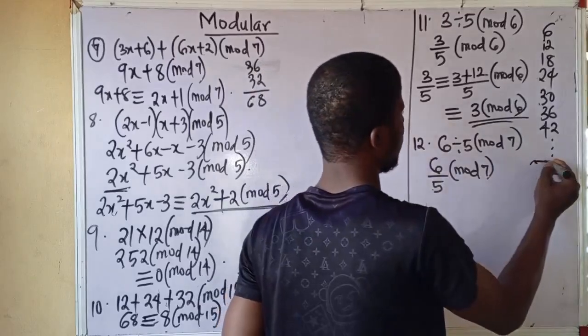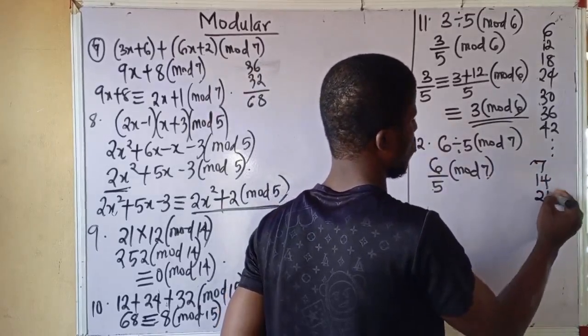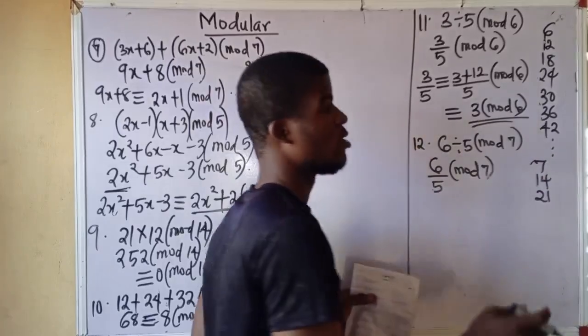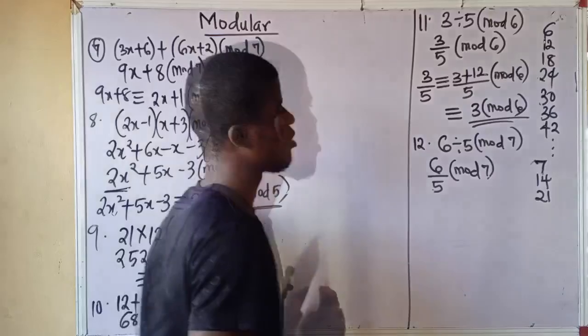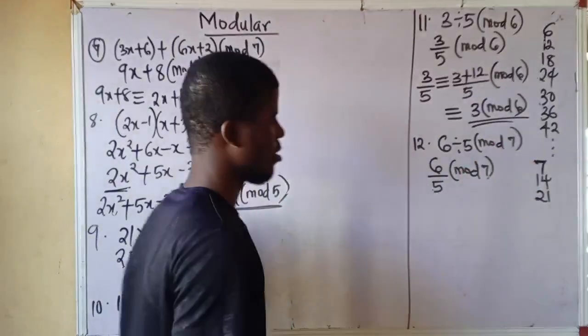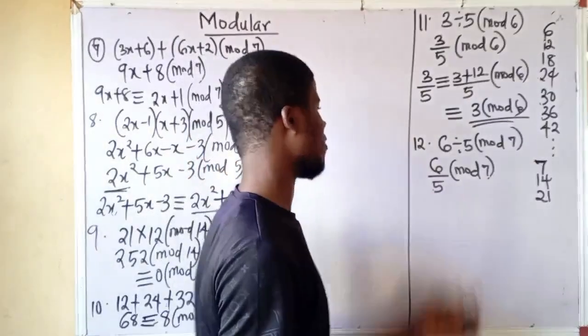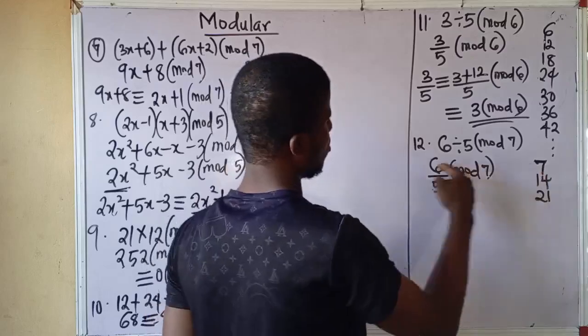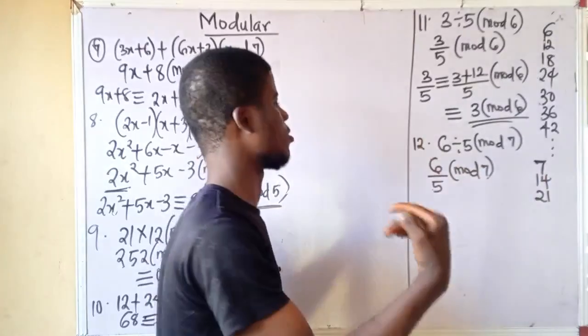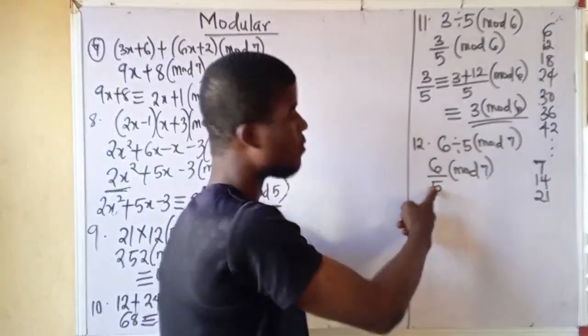Multiples of 7 include 7, 14, 21, 28, and so on. So which of these multiples of 7 will I add to 6 so that the sum is exactly divisible by 5? 7 plus 6, that's 13, of course. 13 cannot be divided by 5.